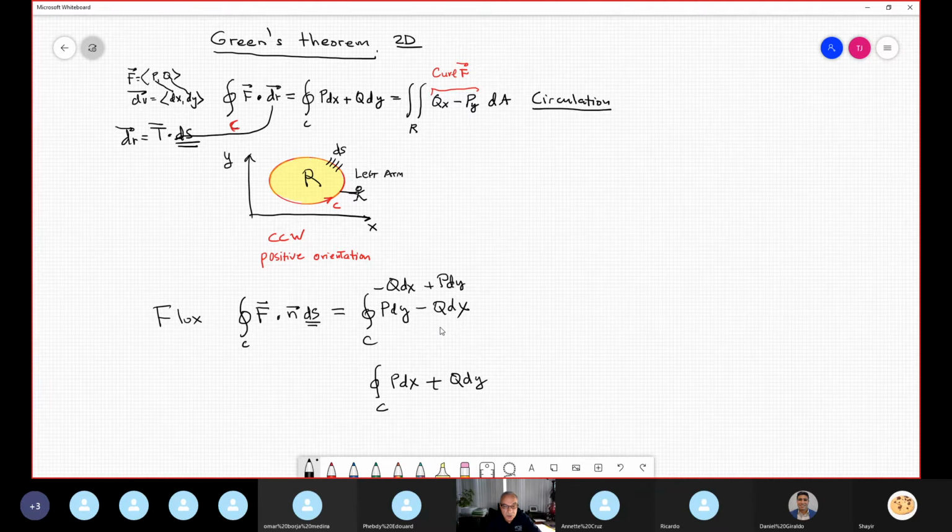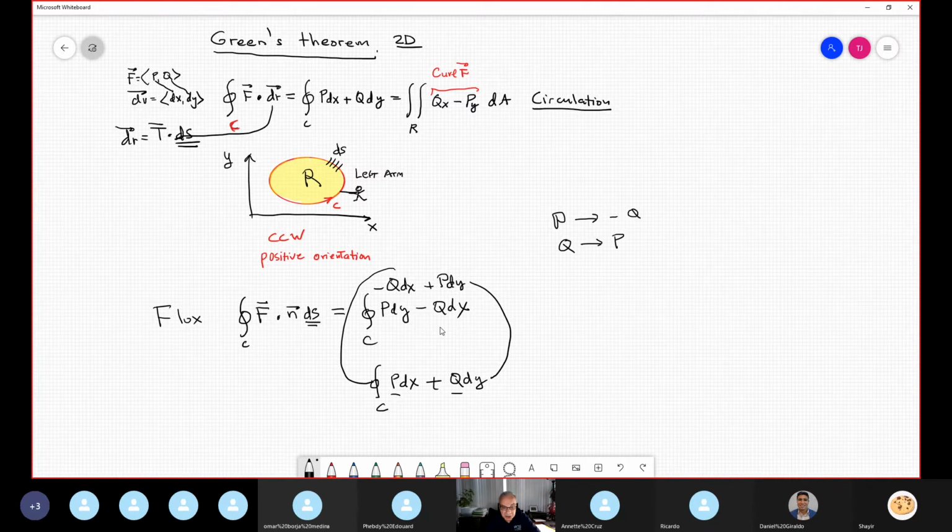I organize it this way because I want dy to be dy here and dx to be dx. And you can see that this p is actually like a minus q in the formula, and q in my formula is like a p.